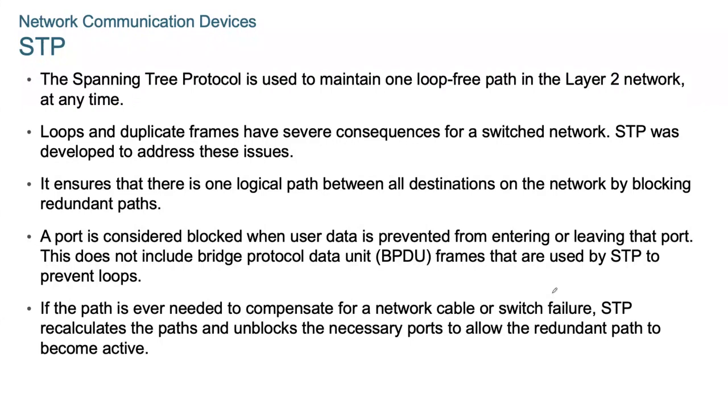Another network communication mechanism is STP, the spanning tree protocol, which is basically used in switches to maintain one loop free path in the physical layer 2 network. Network redundancy is key to maintaining network reliability. Multiple physical links between devices provide redundant paths, so the network can continue to operate when a single link or port has failed.